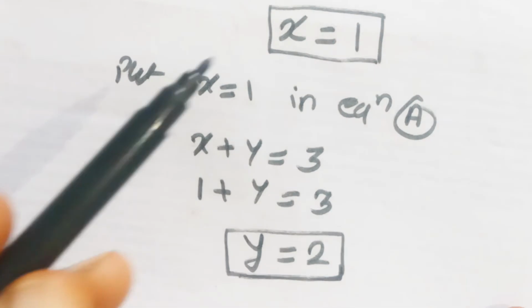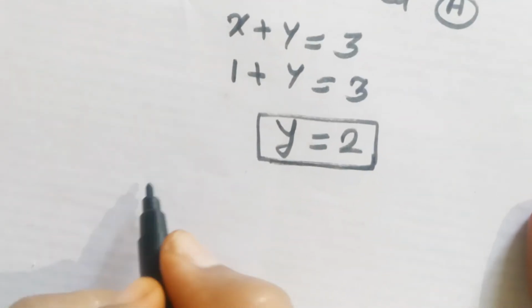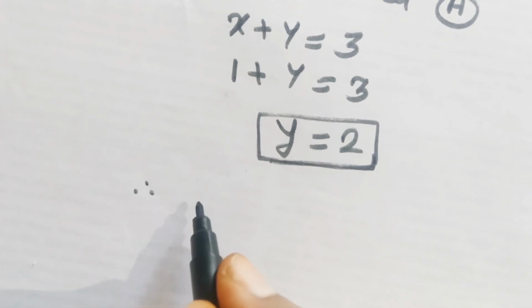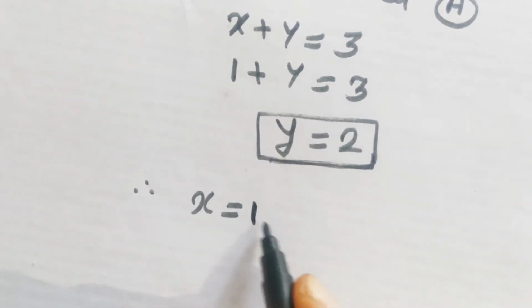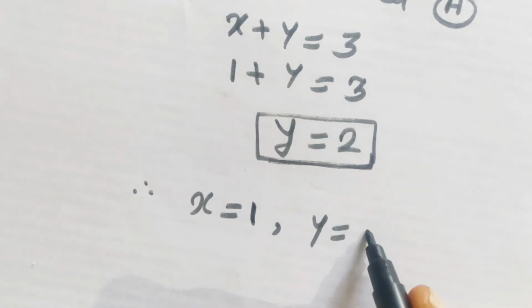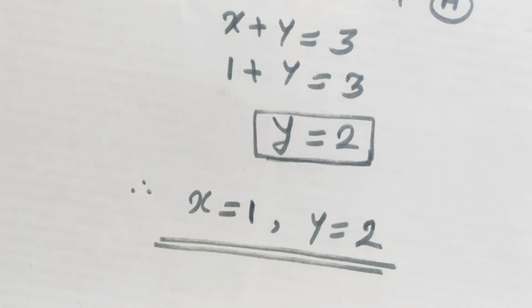In this way we can easily find the solution of a simultaneous equation. Therefore we can say the solution of our simultaneous equation is x equals 1 and y equals 2. This is the solution of our simultaneous equation.